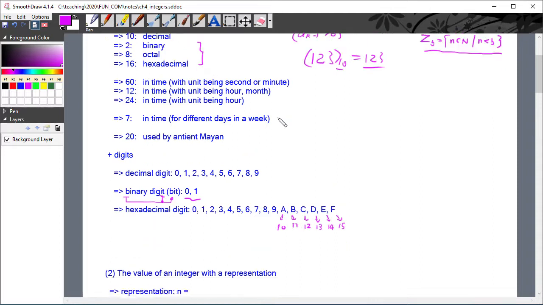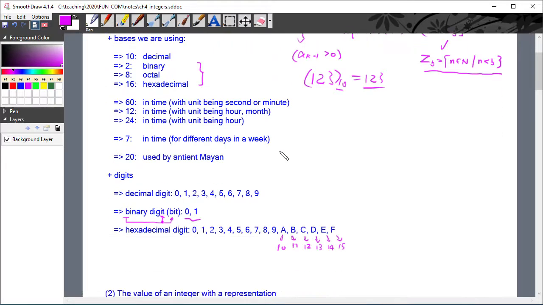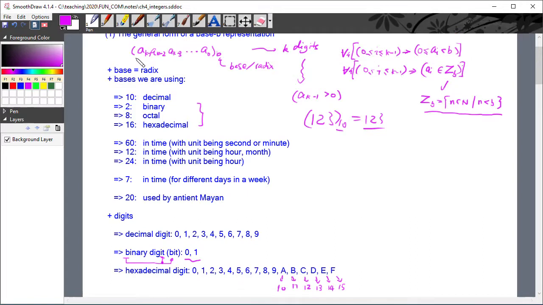Okay, at this point, we have basically explained how to represent a number in a base B system. Essentially, you can just list from the highest ordered digit to the lowest ordered digit, in particular a_{k-1} to a_0, a total of k digits. We can use this sequence of digits, putting them inside a pair of parentheses, and then use the base or radix as the subscript.